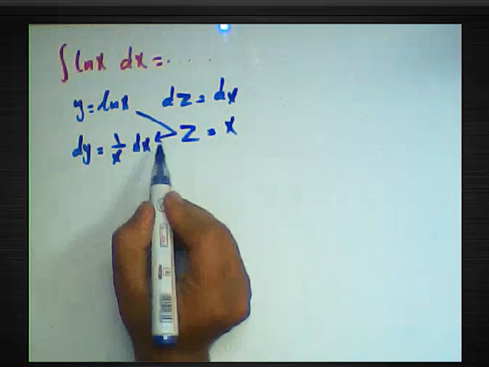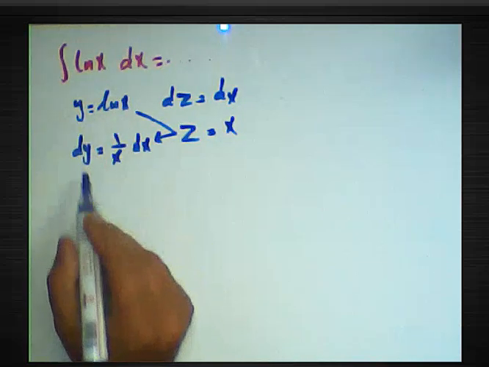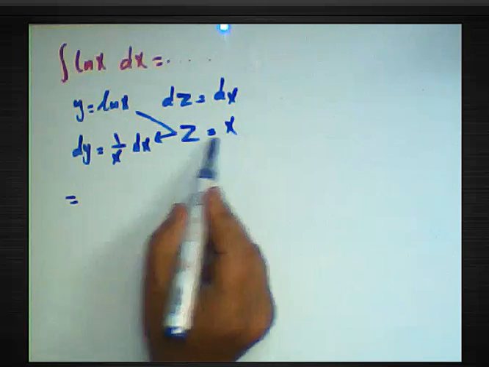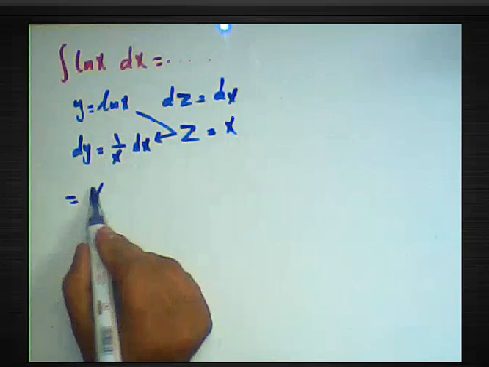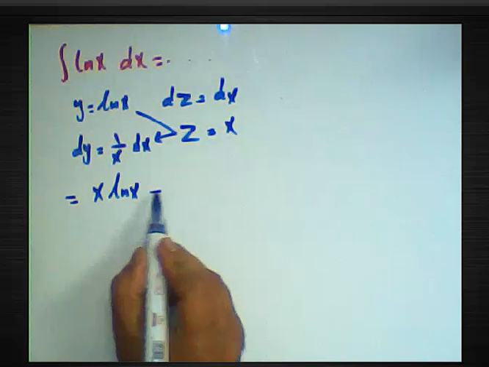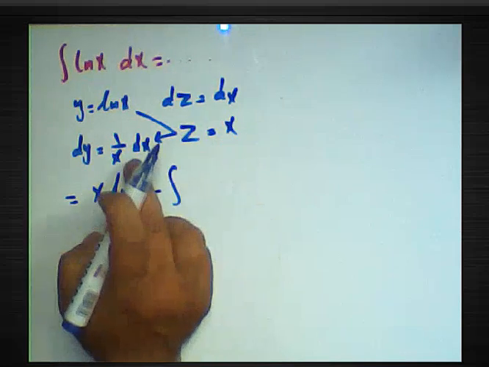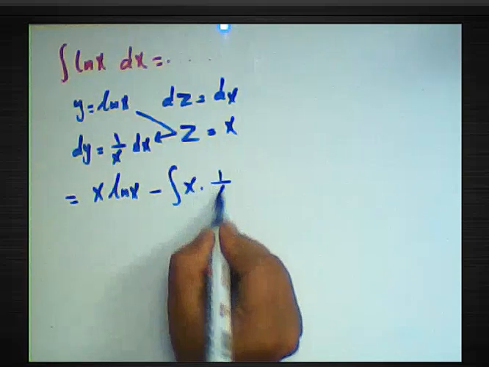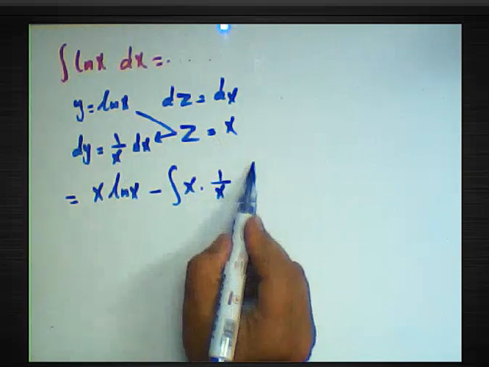And using the rule here, it will be equal to ln of x times x, so x multiplication ln of x, subtract integration of x multiplication by 1 over x dx.